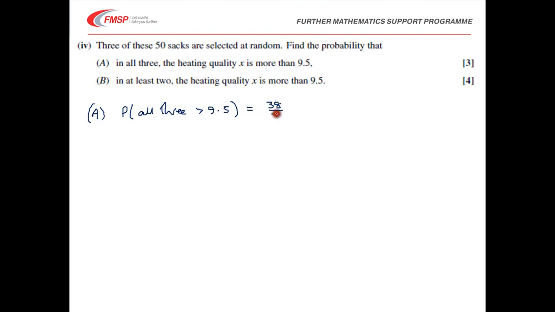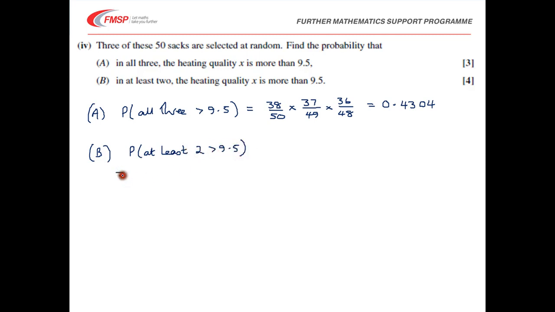So 38 out of 50, the probability that the first one is more than 9.5. We've taken one, so there are 37 left out of 49, and then 36 left out of 48. And that comes to 0.4304.